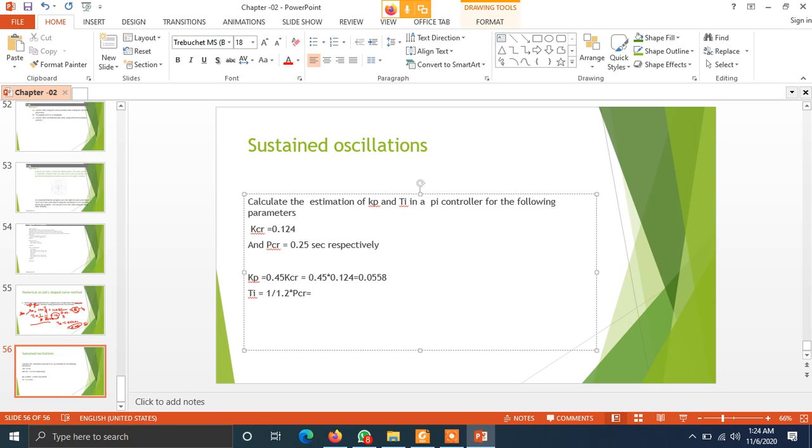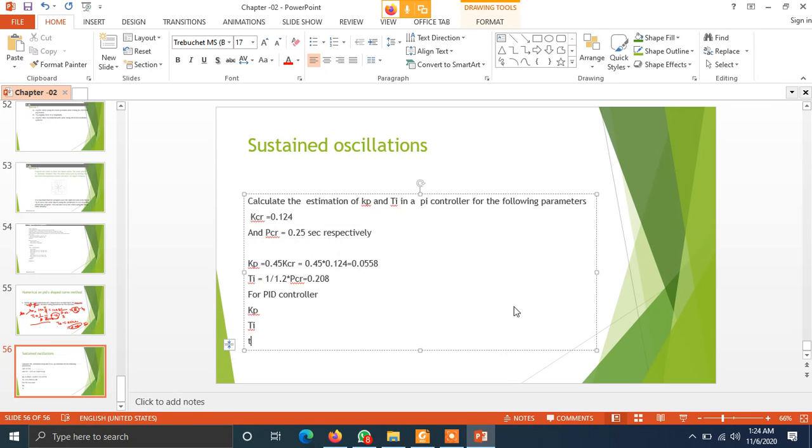So what is the answer? 0.208. Now, if the same thing is asked for a PID controller, can you solve it quickly and tell me the answers? What is Kp, Ki, or it is Ti, Td?